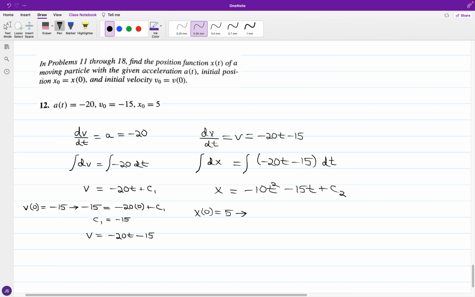And substituting accordingly, x is at 5. And the parametric terms are going to be negligible. And so automatically we're going to have that the second constant is equal to 5.